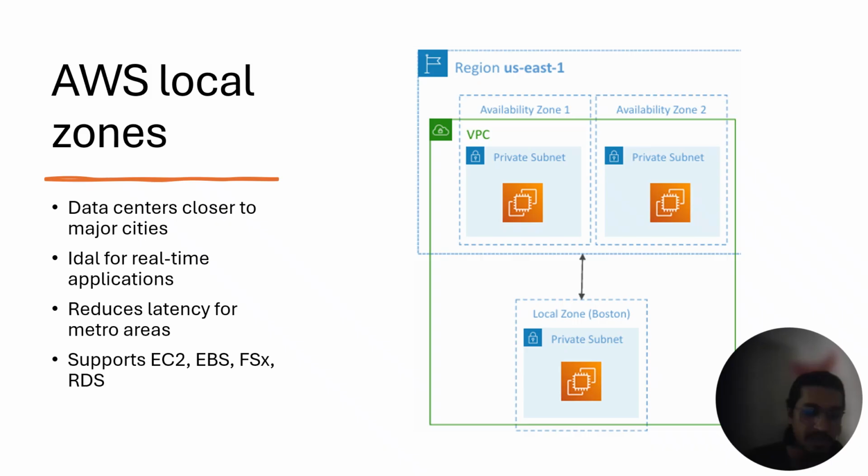Local Zones are especially helpful for industries needing city-level low latency without deploying their own infrastructure. It supports EC2 instances, EBS, FSx, and RDS with very low latency for the metro or city area.